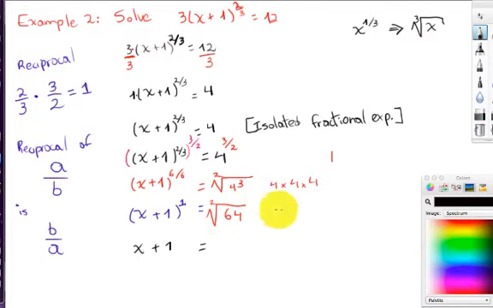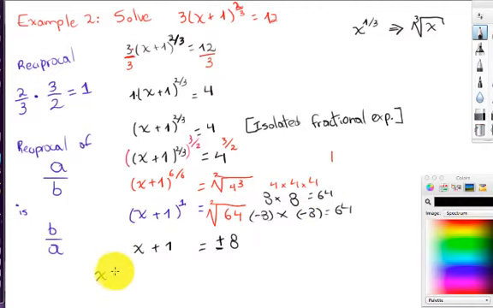Now the square root of 64 is positive or negative 8, right? So that means that I'm going to have two different roots. And why is it positive or negative 8? Because negative 8 times negative 8 is 64, and 8 times 8 is also 64.